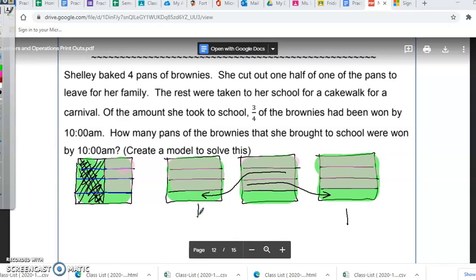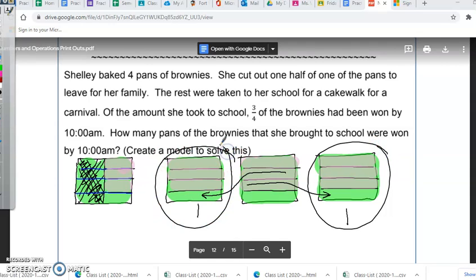Now, I still have this piece up here, so don't forget that. This one I've taken care of except for this piece. So I have 2 whole pans of brownies that were won. Now, I'm going to come over here, and I see some partial pieces.